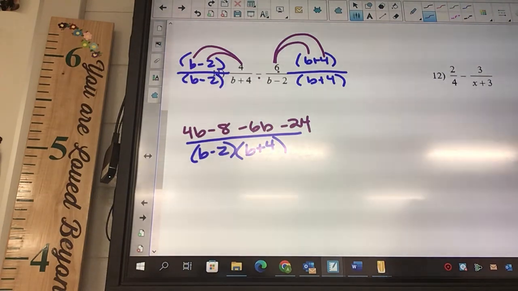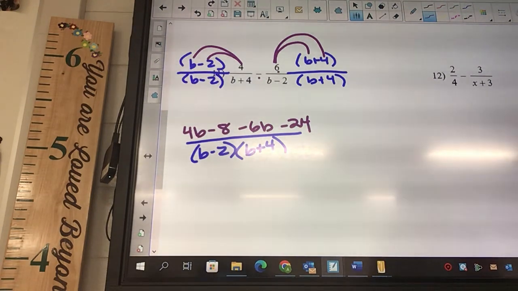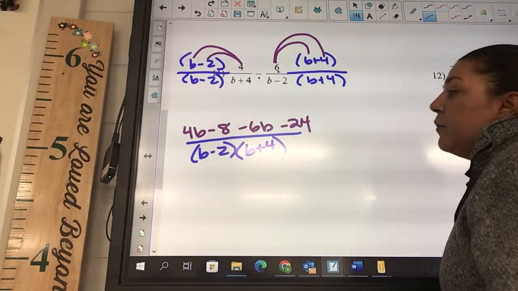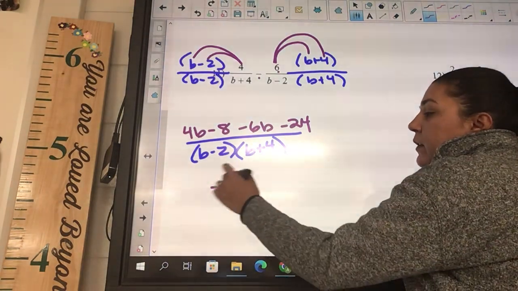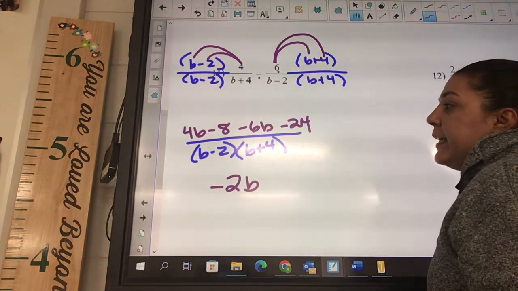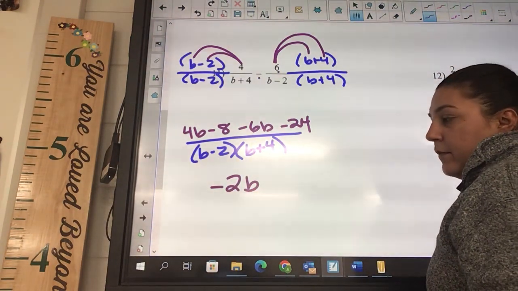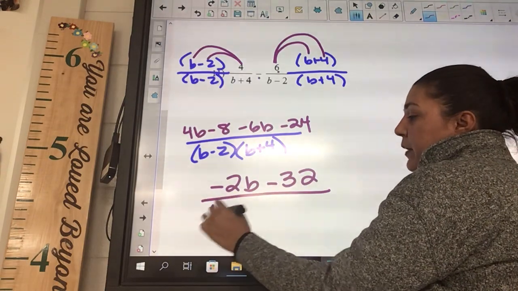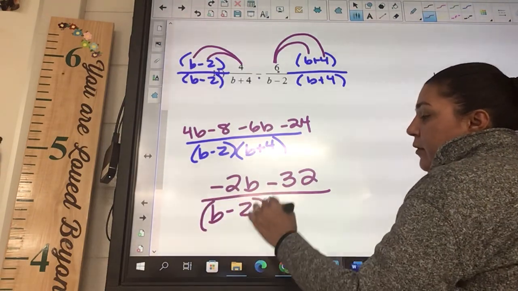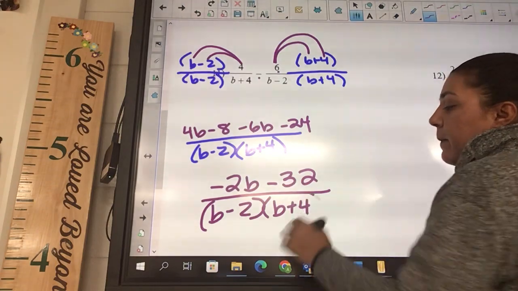What can we combine? 4B and -6B is going to give me what? -2B. And then what about 8 and 24? -32. All over B minus 2, B plus 4.